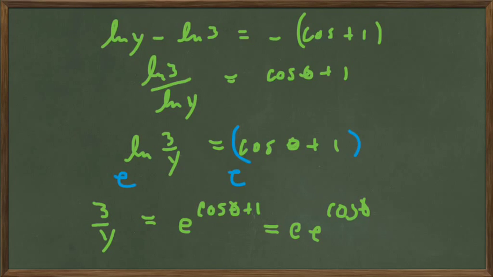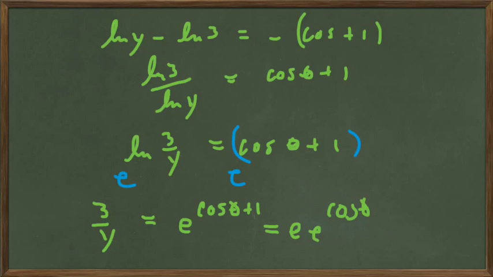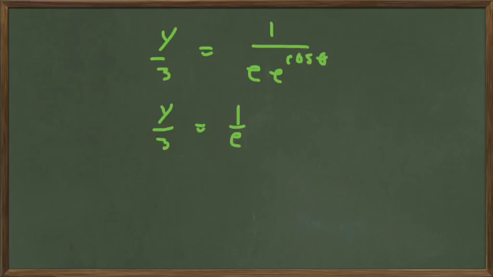And what can we do next? Then we can take reciprocals of both sides, so we get y over 3 equals 1 over e to the cosine theta times 1 over e.